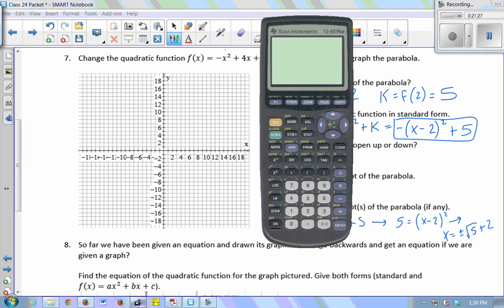And I'll get an approximation for that. Okay, square root of 5 plus 2 is 4.24, and negative square root 5 plus 2 is negative 0.24. So those are my x-intercepts.